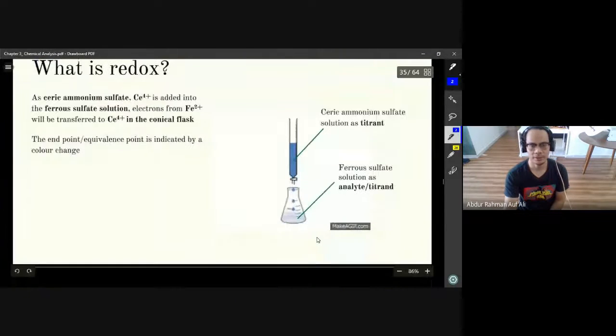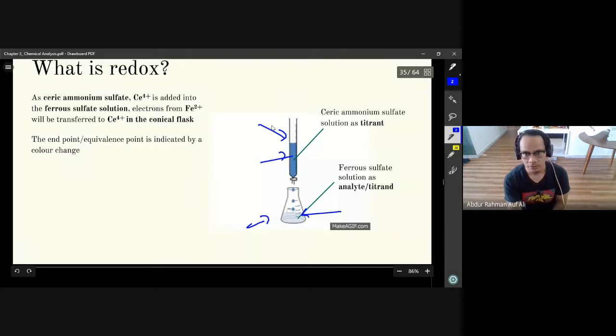Okay, so the setup is the same. Setup of any titration, redox titration, precipitation titration, or acid-base titration, you must have a burette and conical flask. This is the titrant, the standard solution, and this is the sample solution.